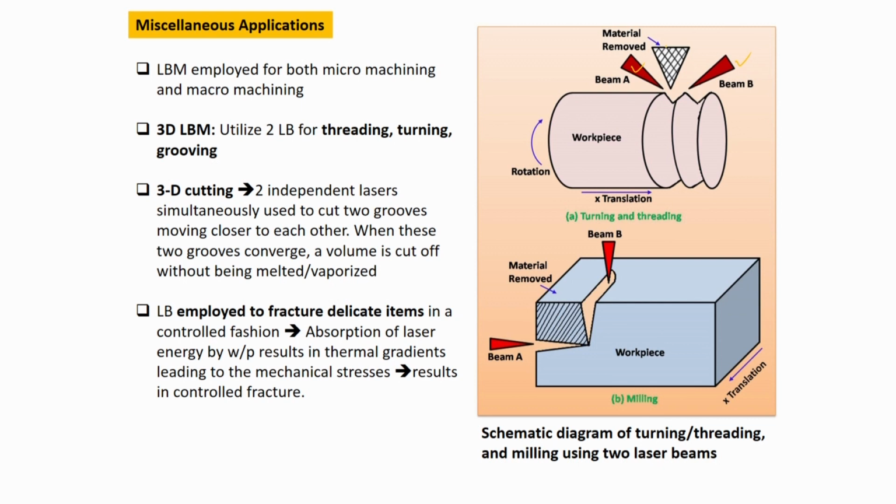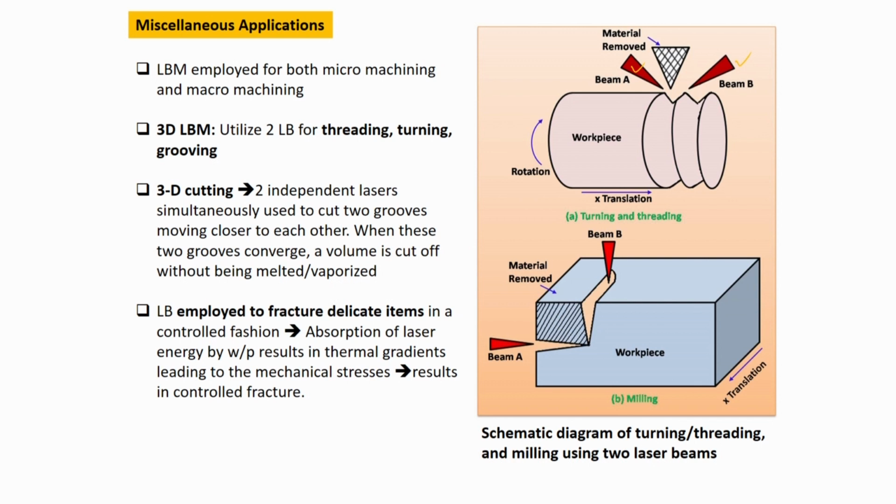These two beams are used to do this kind of threading operation on a cylindrical workpiece. When these two beams match at a certain point, then a volume of material is removed. Here you can see two lasers are used for making this kind of grooving operation or milling operation.